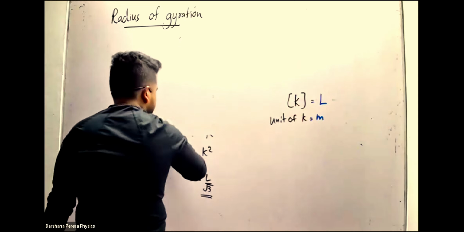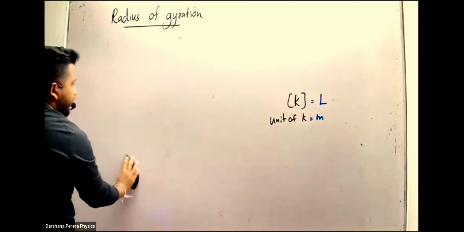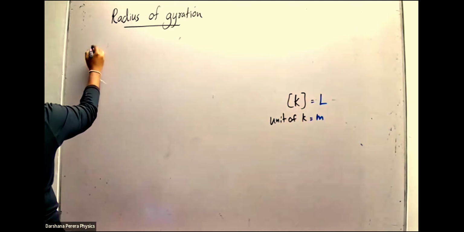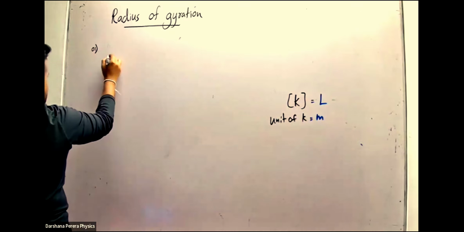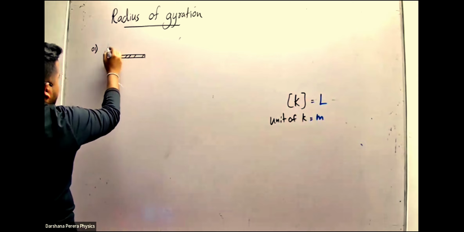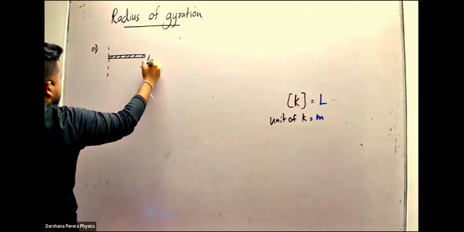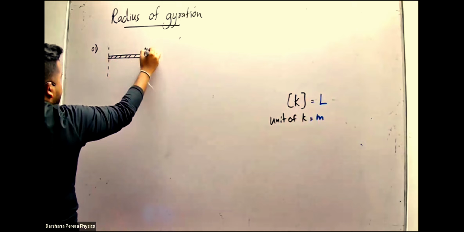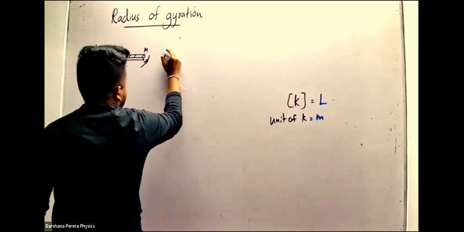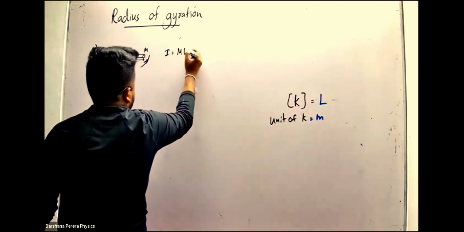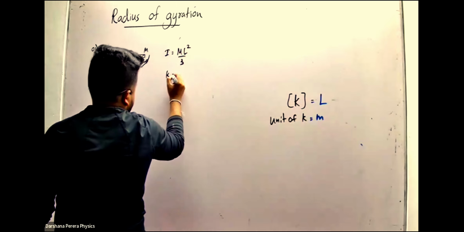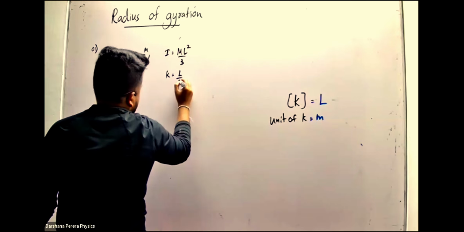First, we had discussed the rod which rotates about its end: I equals M L square over 3. Therefore, K equals L over root 3.